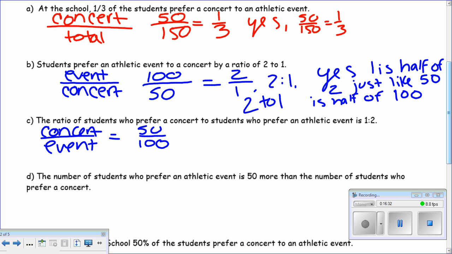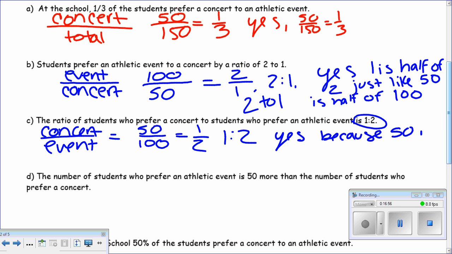Thumbs up. Does everyone see how we got that? If we simplify 50 over 100, it is 1/2, or I can write it like they did in the question, 1 colon 2. So yes, this statement is also true because 50 is half of 100, and 1 is half of 2.